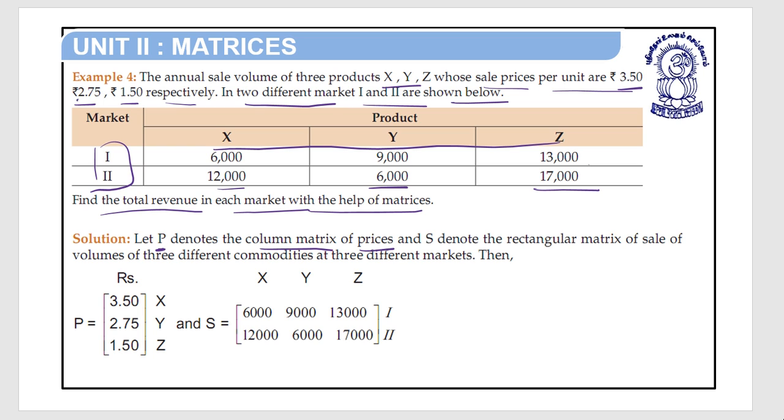Prices are 3.50, 2.75 and 1.50 for X, Y and Z. And S denotes the rectangular matrix of sale volumes of 3 different commodities in 2 different markets. Then S is equal to 6,000, 9,000, 13,000 for the first market, and for the second market 12,000, 6,000 and 17,000.